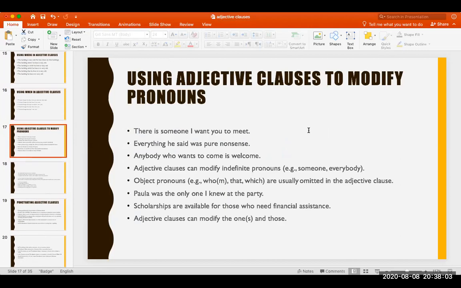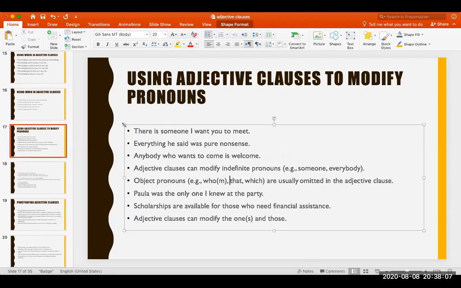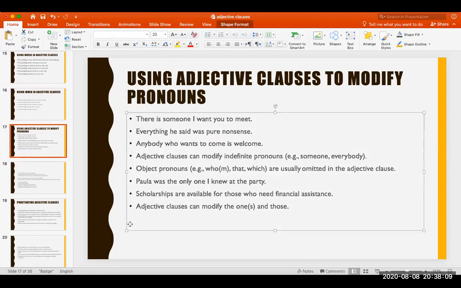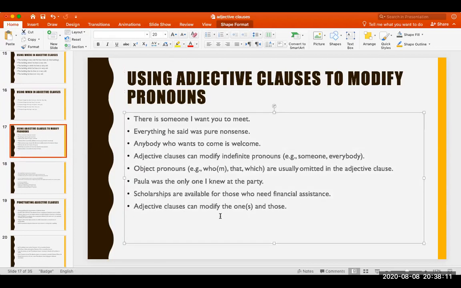Using adjective clauses to modify pronouns. Sometimes we use a pronoun. Look at this. We can modify pronouns, not only nouns, with adjective clauses. There is someone I want you to meet. Everything he said was pure nonsense. Everything and someone, these are pronouns.